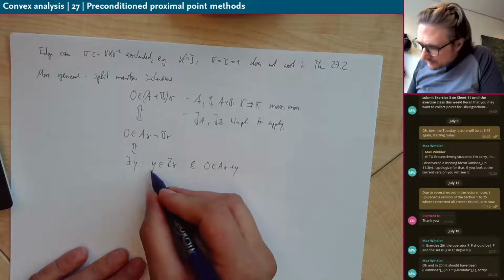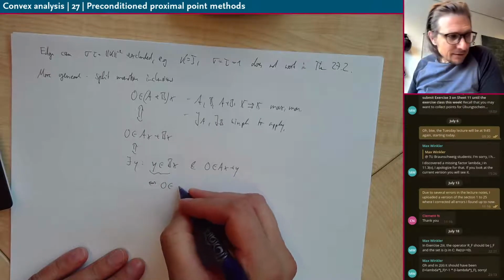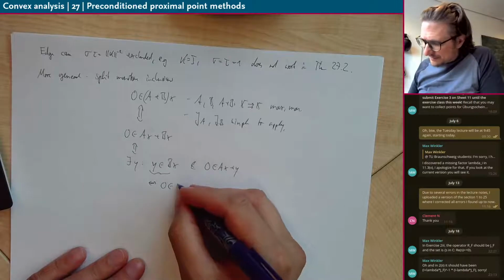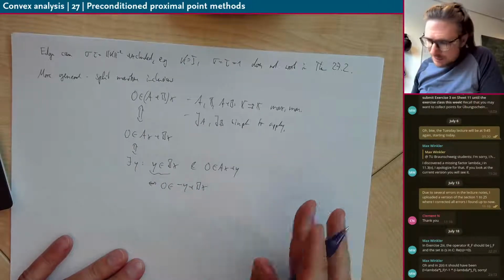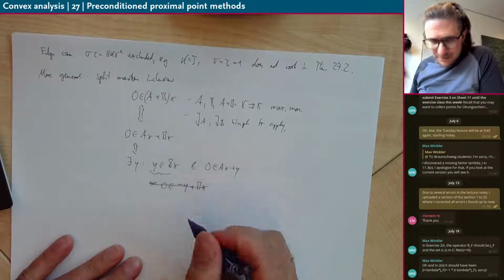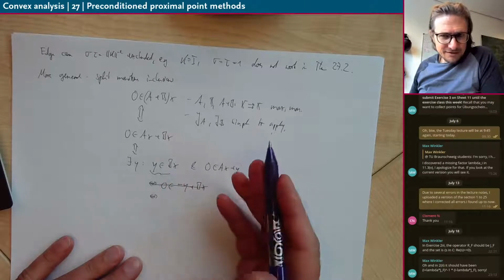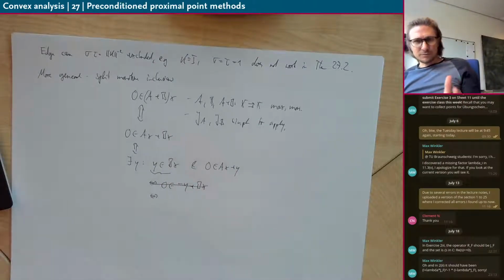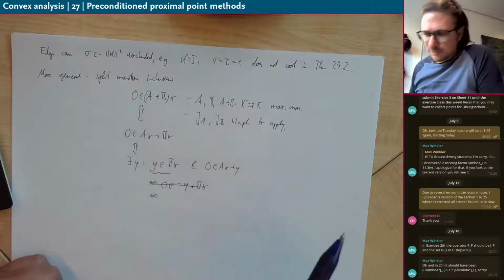Okay. But this here now is equivalent to 0 is in minus y plus Bx, but this will not be helpful. So this is true but not helpful. What is also true is we can bring B to the other side by just using the inverse, which sounds like a big deal now because inverting B is what we're trying to do here. Actually not, actually we try to invert A plus B, but okay.